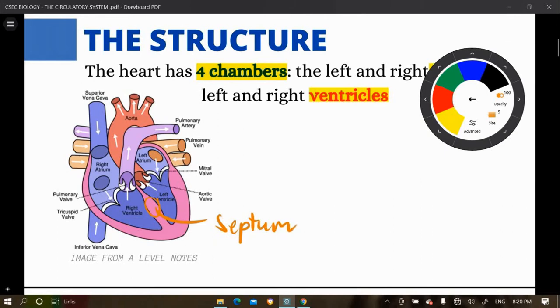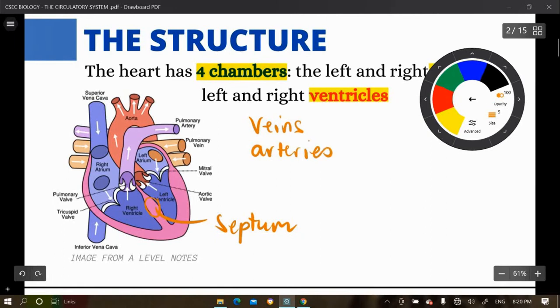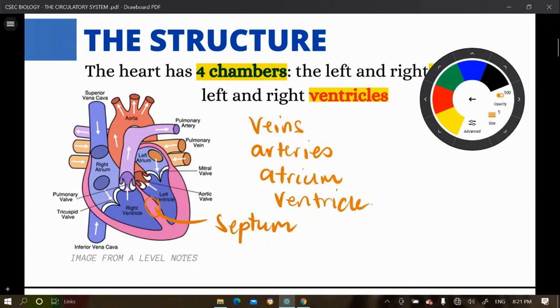And we have veins and arteries that we'll cover, and you'll also find out what an atrium is, plural atria, and what a ventricle is, plural ventricles with an S. Firstly, blood enters the heart through what we call the vena cava, and the mammalian heart has a superior vena cava. Superior here is referencing anatomical position.